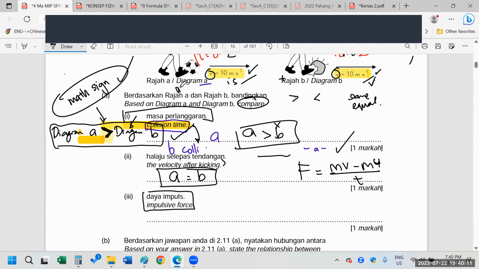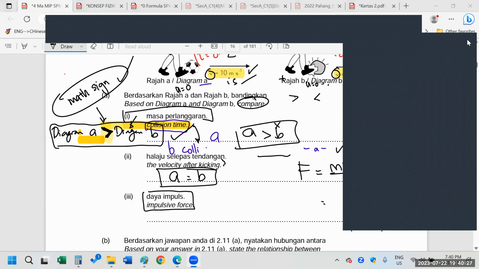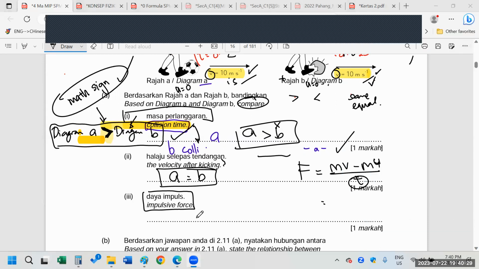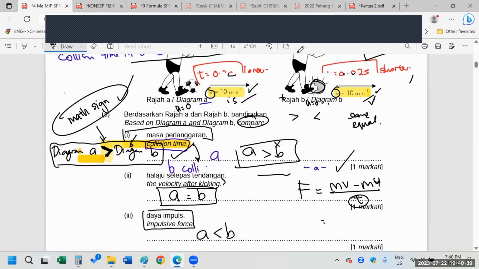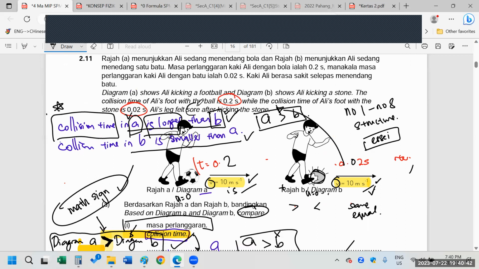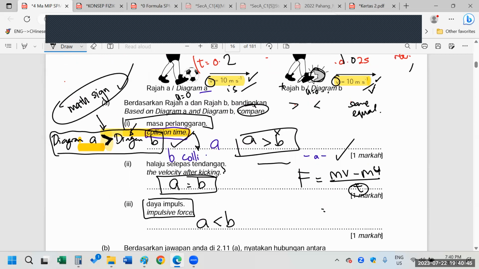Same initial velocity, u equals to 0, u equals to 0. After kicking, both 10. So both will have the same v, same u, but t different. So we say A is smaller than B. This one feels sore. Sore means sakit. Why sakit? Because here got higher impulsive force.